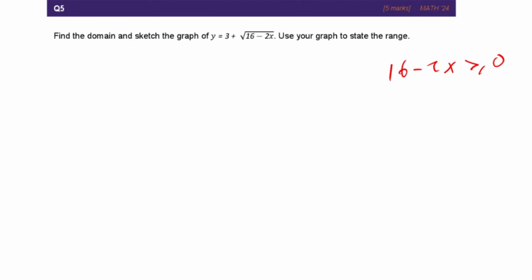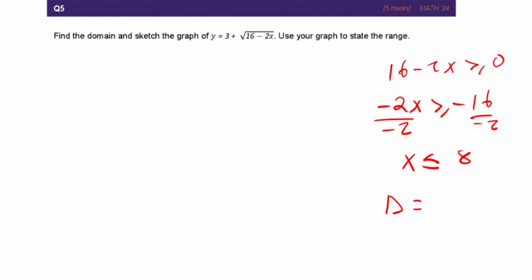So for x, 16 minus 2x, so you shift 16 to go to the other side. Negative 2x greater than or equal to negative 16. Divide both sides by -2. So therefore x, when you divide by negative, this changes. So it will be positive 8. Therefore the domain is from negative infinity all the way to 8, but 8 is included.